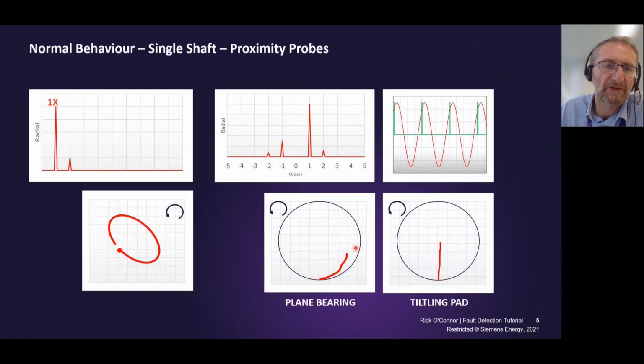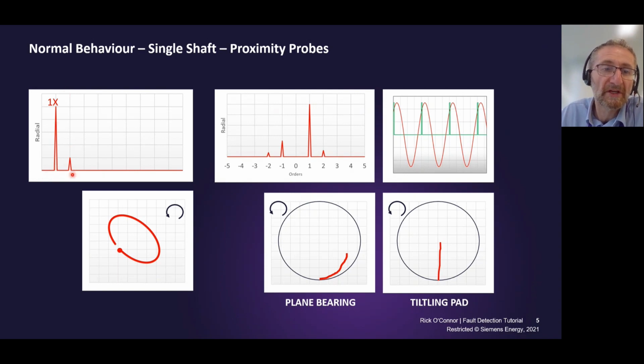So to start with, let's consider a single shaft machine, maybe a compressor or a generator, with proximity probes. Typically there would be 2 probes fitted at each end, 90 degrees apart. If you looked at the data, this is the kind of thing you'd expect to see. The frequency spectrum would be dominated by the 1x response.